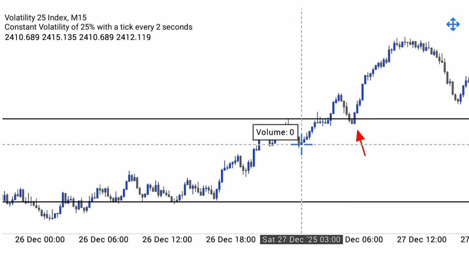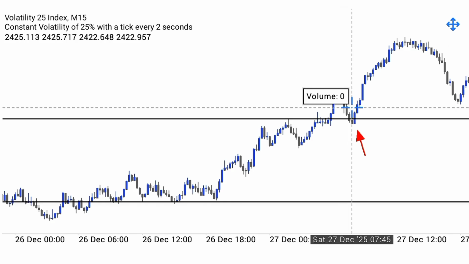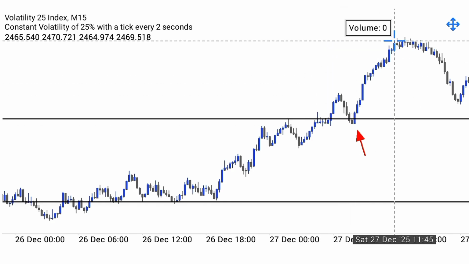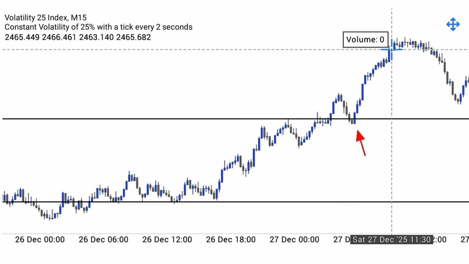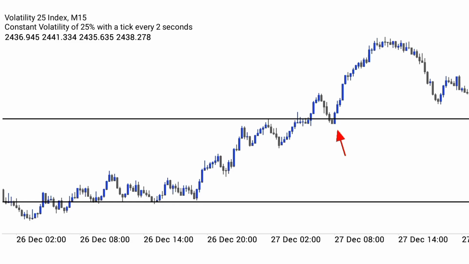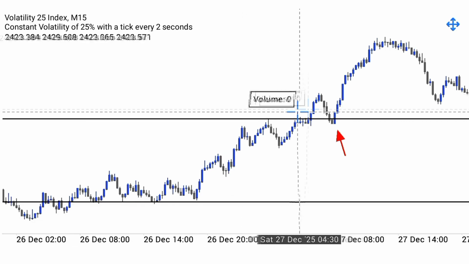So you see, first it breaks out, it retraces, then it starts moving up. Breaks out, retrace, move up. That is how it works. So when you are trading break and retest, make sure you are trading along with the trend. Now, one very, very important thing about the break and retest is the candle that comes to it.